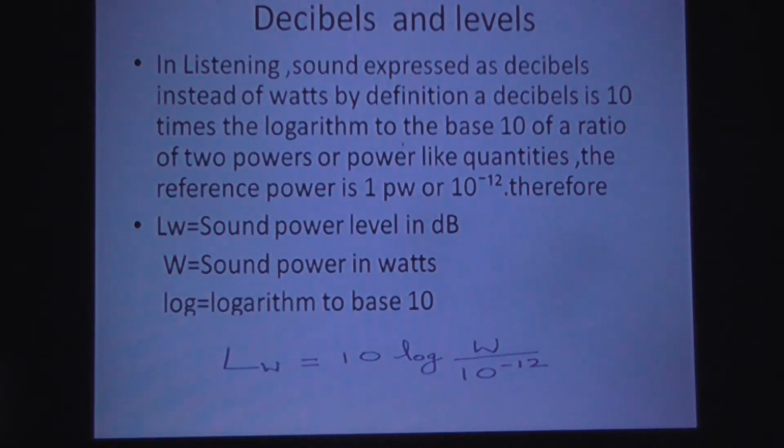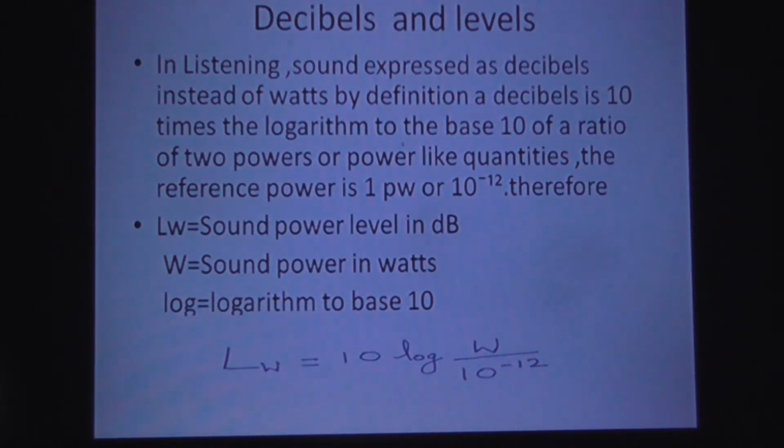Next, friends, a well-known unit to all of us about sound is decibels. Decibels and levels. In listening, sound is expressed as decibels instead of watts. By definition, a decibel is 10 times the logarithm to the base 10 of a ratio of two powers or power-like quantities.